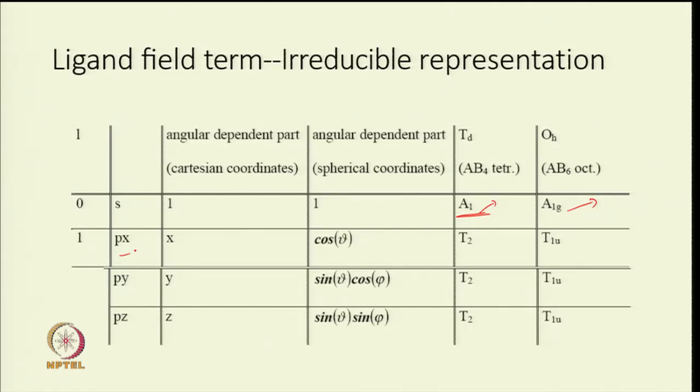For px orbital, it will be T2, and this is T1u in octahedral complexes. For py, this will be T1u, pz, T1u. So, if you look at this, these all are the same, and that is why it is given the triplet name. So, it is triply degenerate. So, px, py, pz is triply degenerate, and so it will be given the T name. Similarly, here T2.